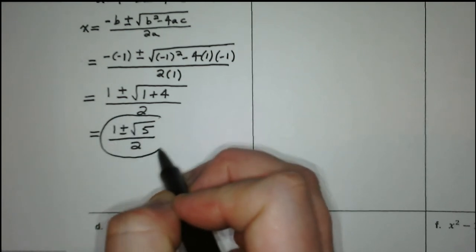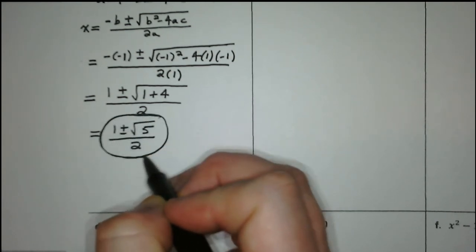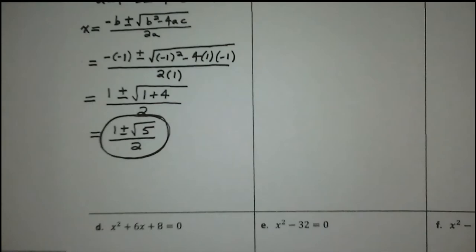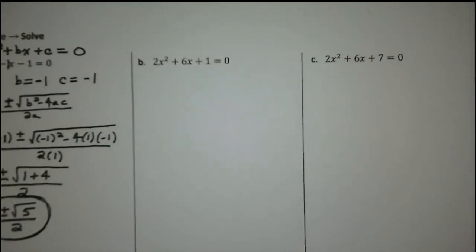I know it might be weird at first, it might take a little getting used to, but that is actually how you're going to leave your final answer. In a lot of ways that's a good thing, but again, it might take a little getting used to. That's the final answer.